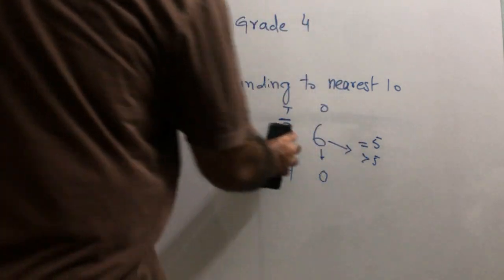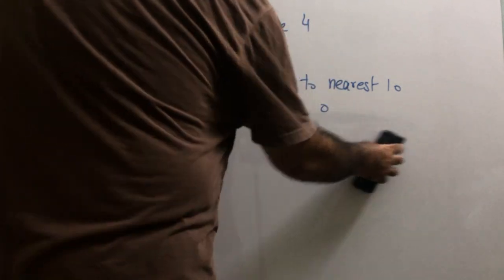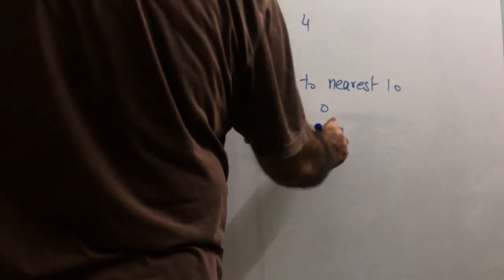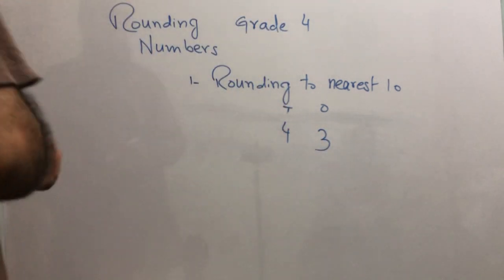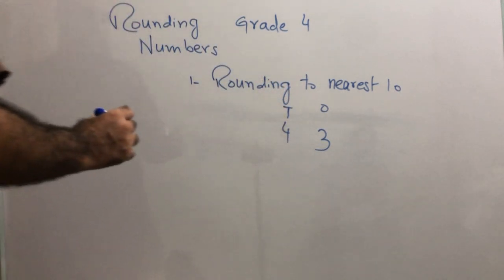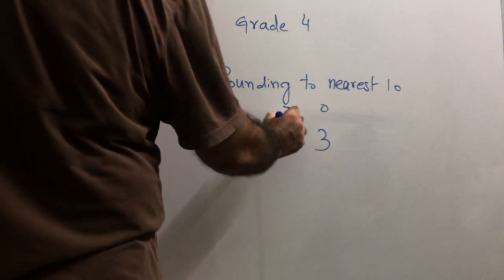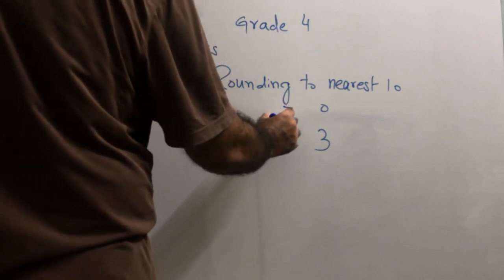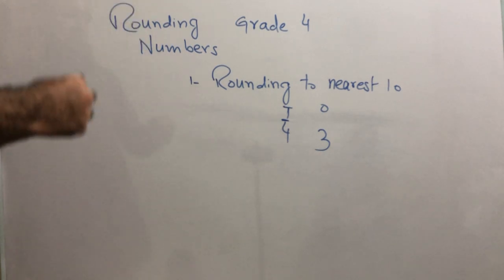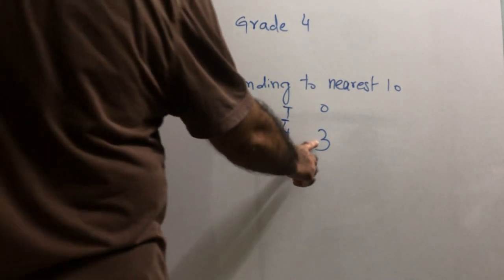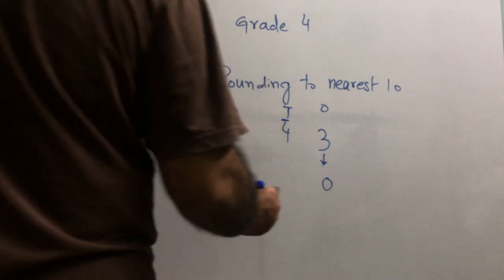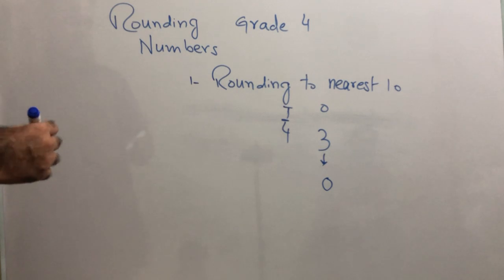Okay, so we will consider more examples. Let's suppose we have 43. We need to round it to nearest 10. When we are rounding to nearest 10, place a symbol or bar to keep in your mind that you are going to solve it for nearest to 10. So we don't need this number 3, it becomes 0 automatically. This is the first thing.